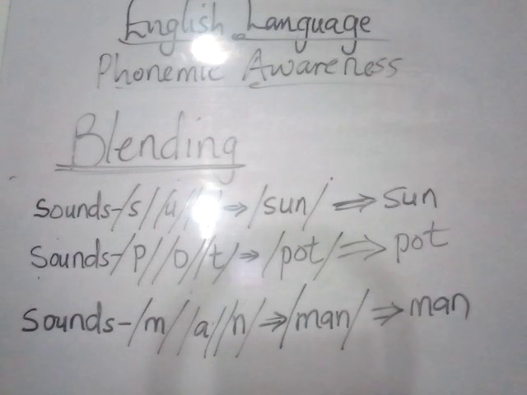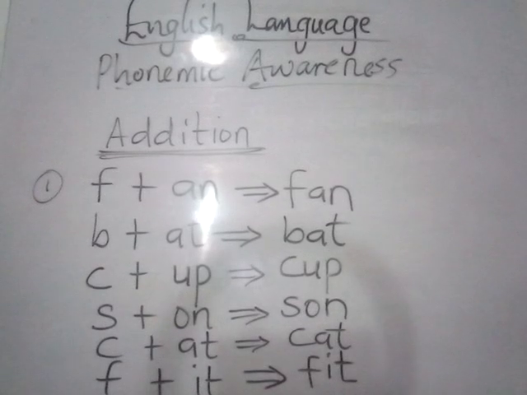But personally, I like to call such manipulation of sounds in words. So we're going to see how that works. Okay, let's quickly look at some simple examples in addition.